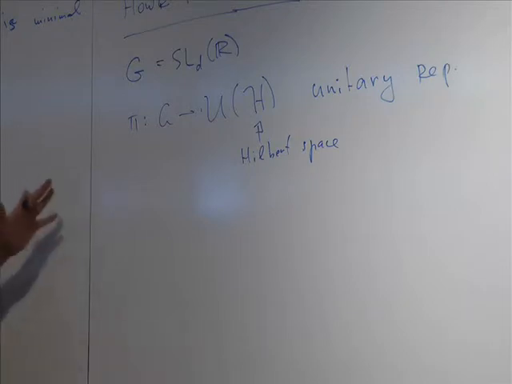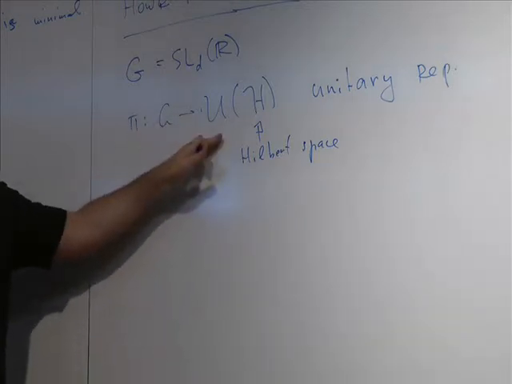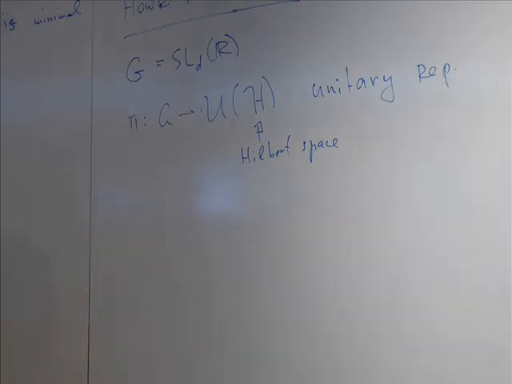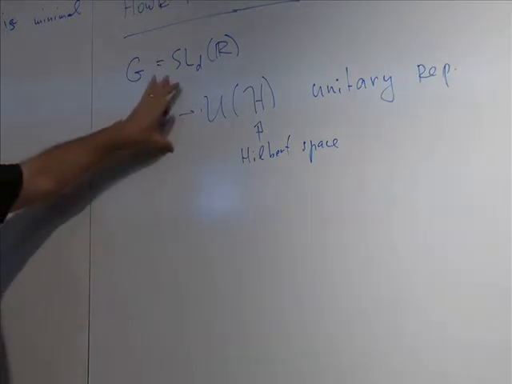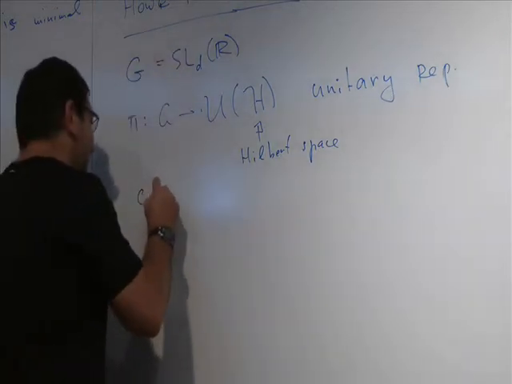Okay. So this is a unitary representation, which means that this is a homomorphism from the group G to this unitary group, but part of the assumption, since G is not discrete but is itself a topological group, is that we require that this is continuous.